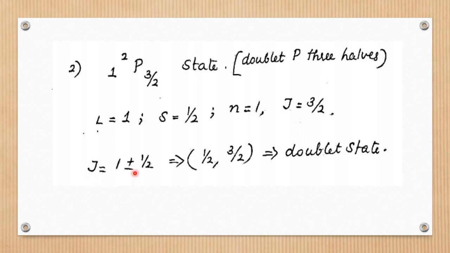Since J is equal to 1 plus or minus half, it can have two states. That is 1 plus half, 3 by 2, or 1 minus half, 1 by 2. So it is a doublet state. So this 2 here is read as doublet P 3 half.